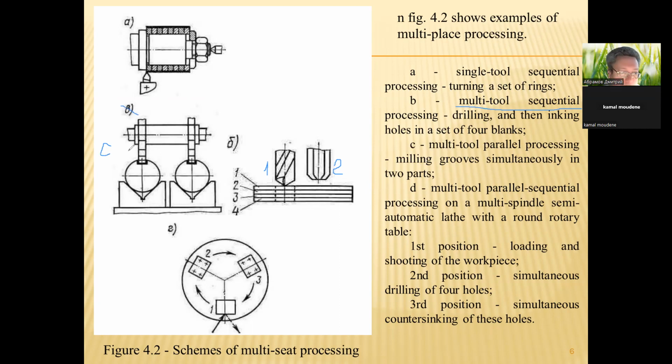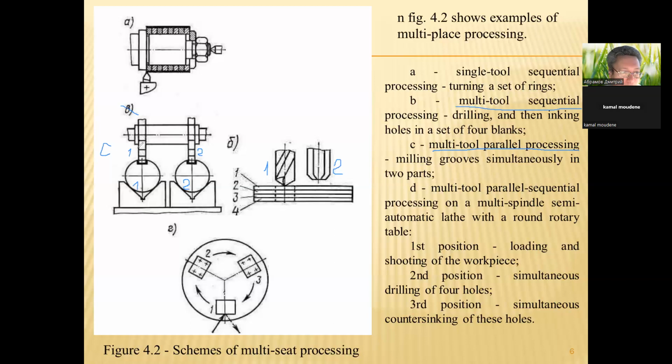Multi-tool, tool number 1 and tool number 2. Multi-tool parallel processing, milling grooves simultaneously in 2 parts, part number 1 and part number 2. So it's multi-tool parallel processing.